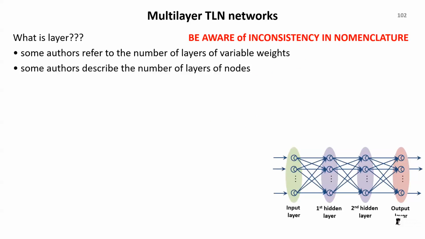So I just drew an illustration of the multi-layer neural nets. But also some authors describe the number of layers based on the total number of layers. So for example, the first author will say only 3 layers because the input layer usually does not have activation functions. It's only to distribute inputs. Some authors describe by the total number of layers.